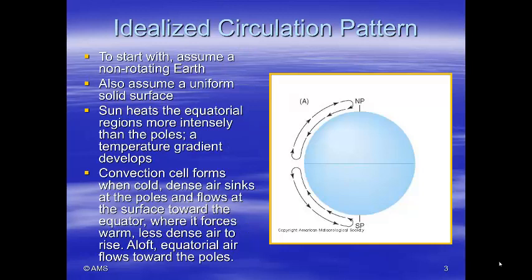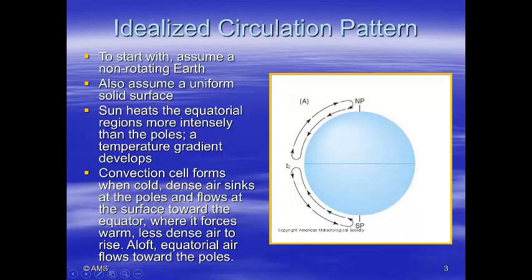Let's start with an idealized planet, one that's not spinning. We said we'd find the most intense sunlight at the equator, and what will happen is the sunlight would travel through the atmosphere, strike the Earth, and it'll be most intense at the equator. So the air above the equator would become hot.